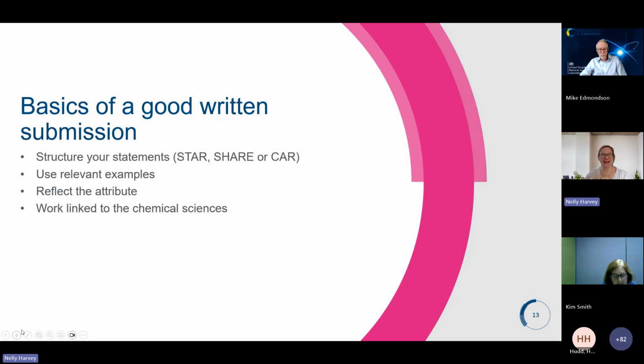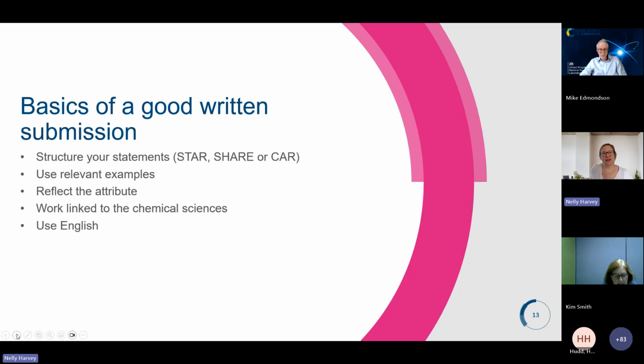So that's your indication there to make sure that you are bringing out the chemistry in what you're doing, and that you're not talking about your work in such a vague way that the assessors can't see that actually you are working in the chemical sciences. But what you don't need to do is write out methods, for example. We don't need to see that in your written statement.